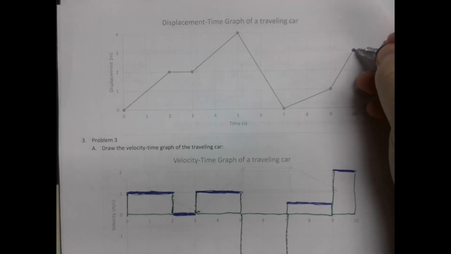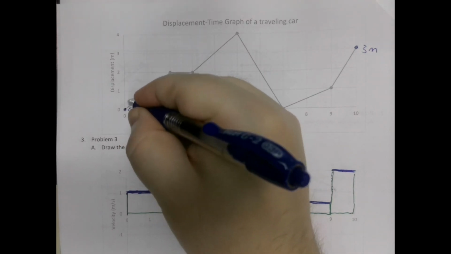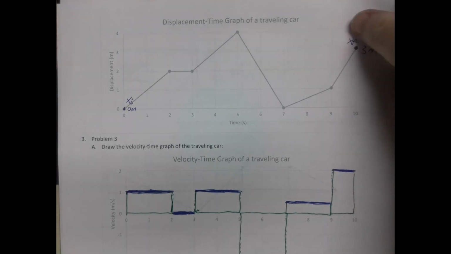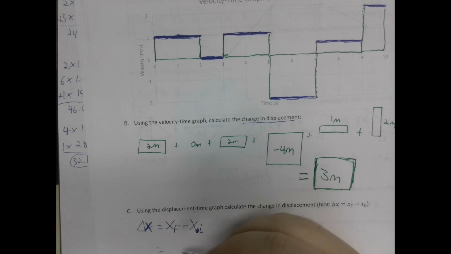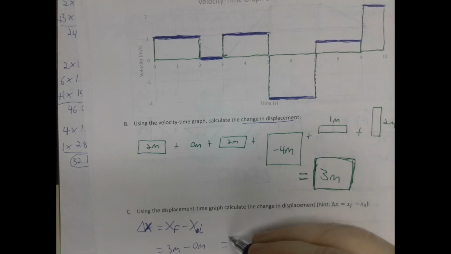So let's look. Our final was 3 meters, and our initial was 0 meters. That's your xi. This is our xf. So if we're given a displacement time graph, we could just plug in final minus initial, and we get 3 meters.